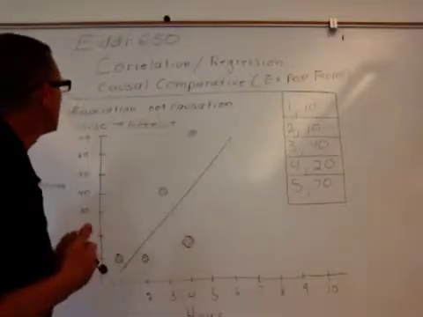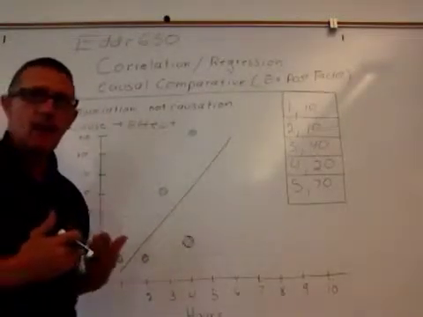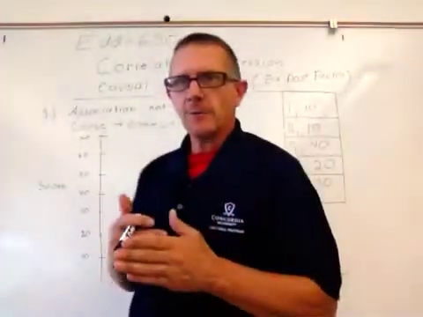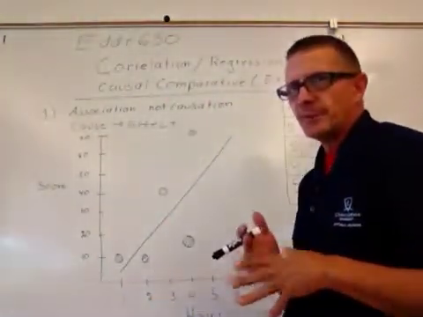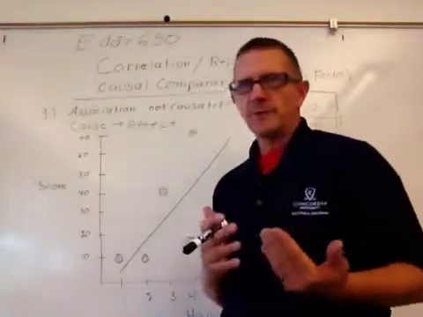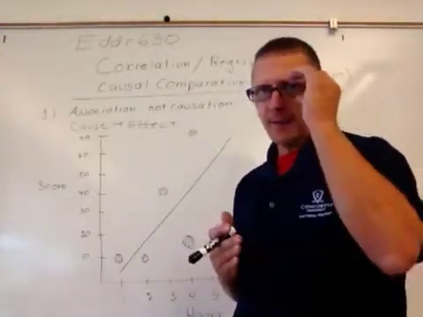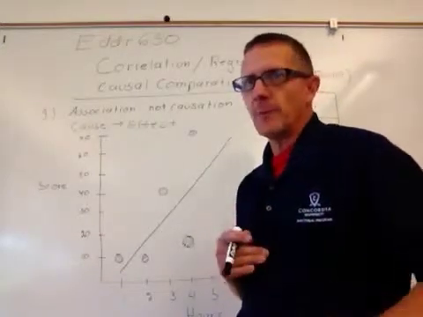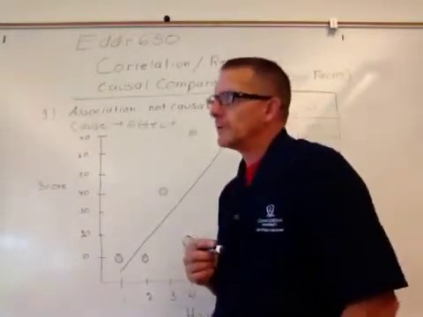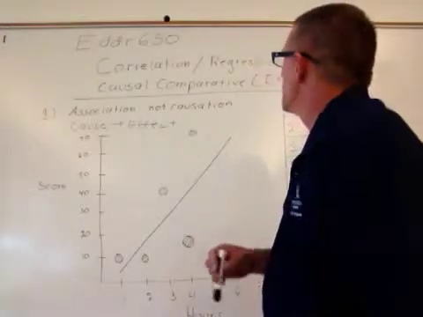So they do not in any way help us come to any conclusions about cause and effect relationships. The only way you can show cause and effect is through what's called a true experiment, and there's a whole course devoted to experimental research. So we'll go into a little bit more about that.